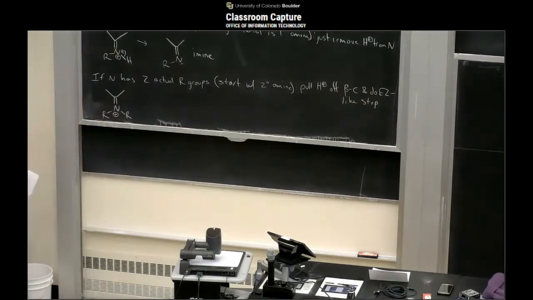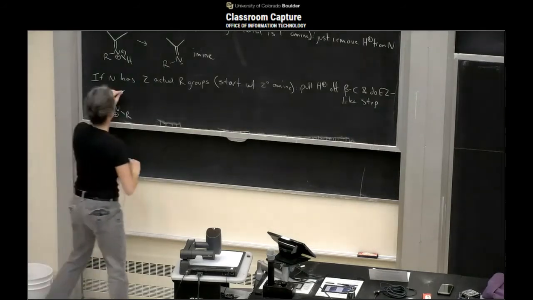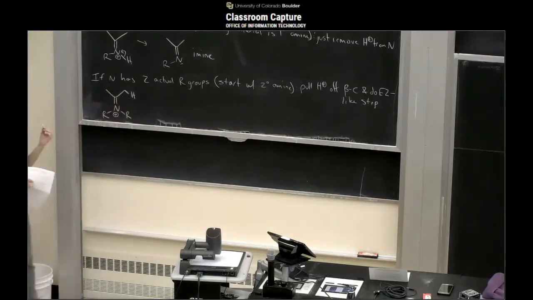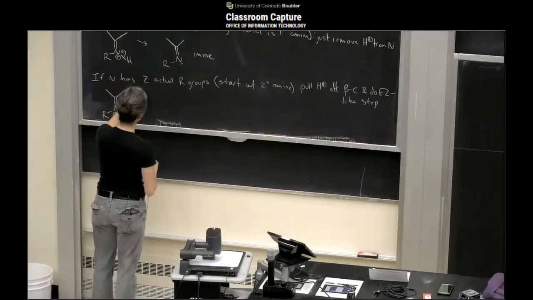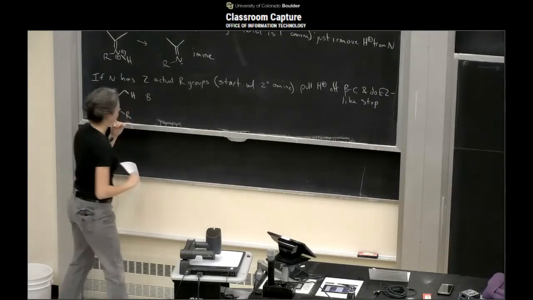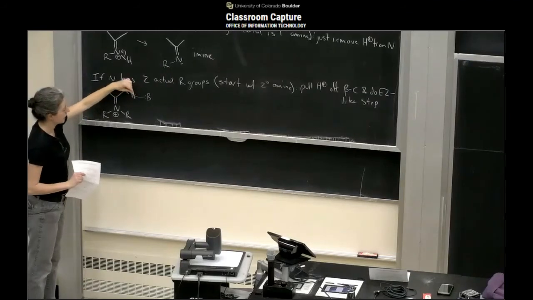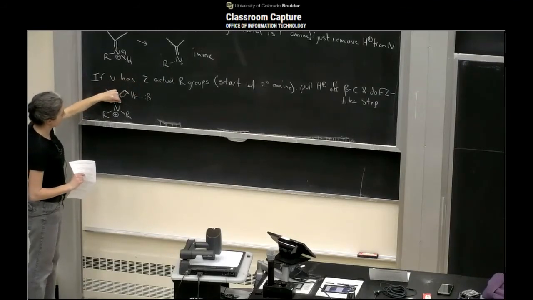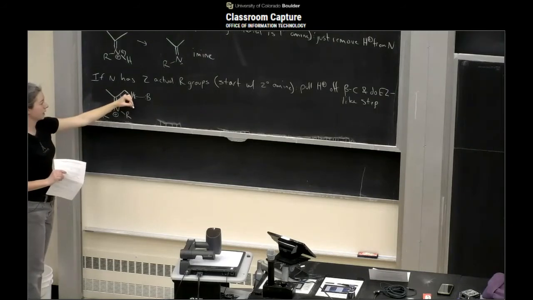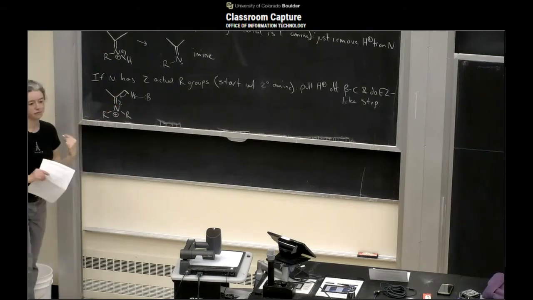Okay, so we're here at the iminium. This time we can't actually quench the positive charge on nitrogen directly by pulling either of these R groups off because they're not a proton. They're not going to come off even remotely easily on their own. But if we have H's on a carbon that's one away, whatever base we have comes in, takes the H, and then this does kind of an E2-like step where you're getting rid of a proton from one carbon, and you're getting rid of the pi bond to the nitrogen from the other carbon.